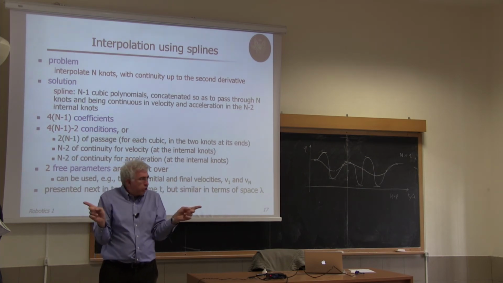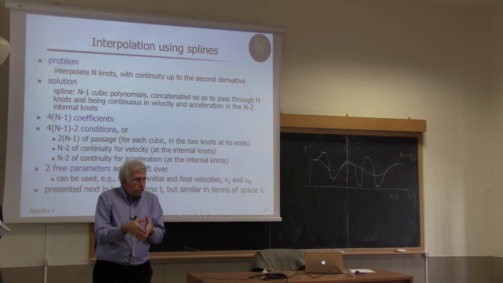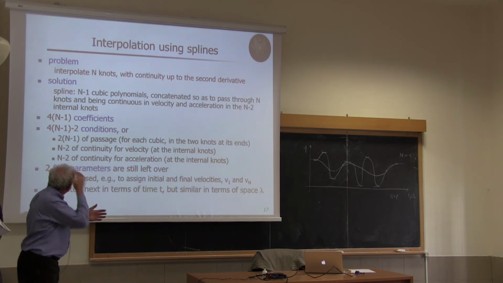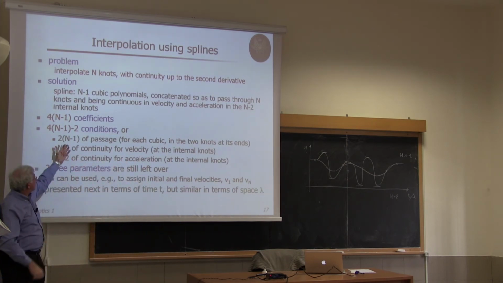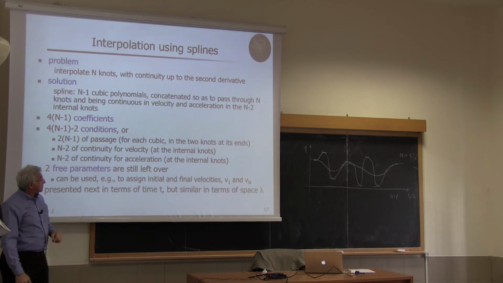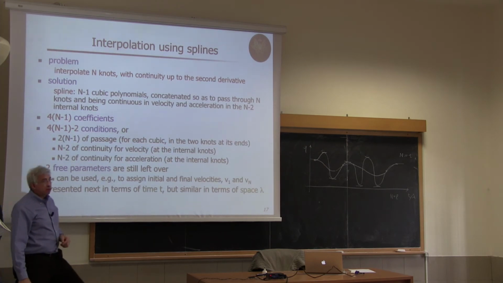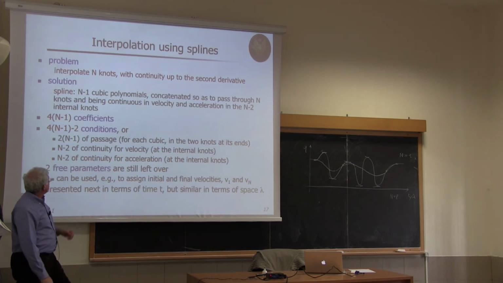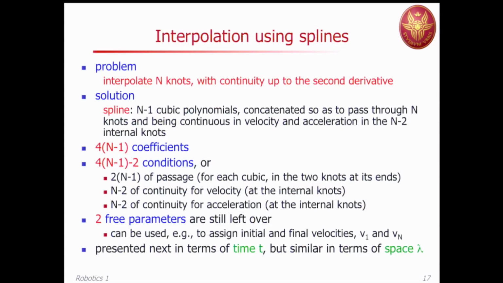So there are 2 conditions for each of the n minus 1 cubic polynomials, so passage through all the points implies this number of conditions. Then n minus 2 is continuity in velocity at the intermediate knots, and n minus 2 continuity in acceleration.